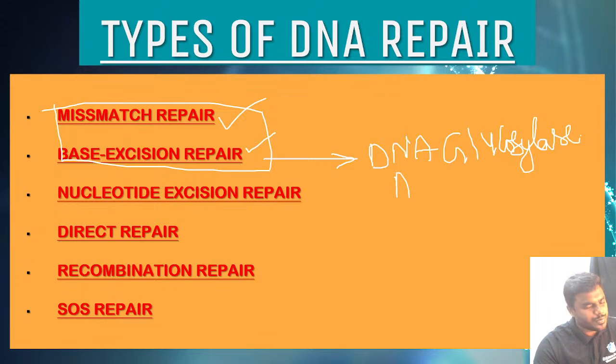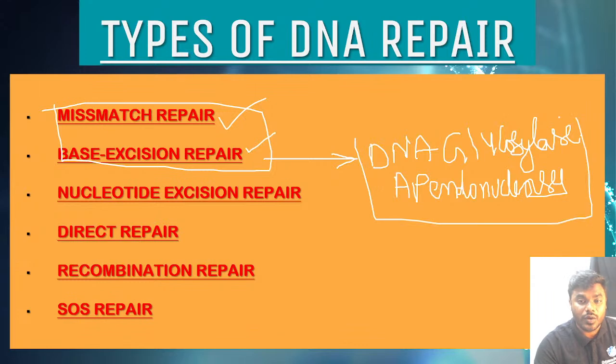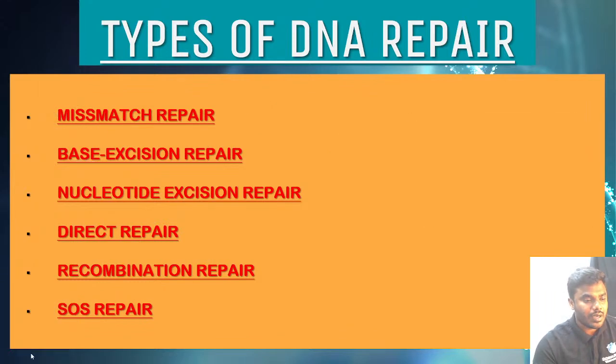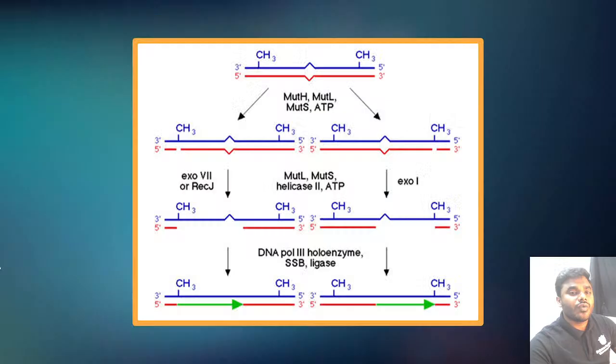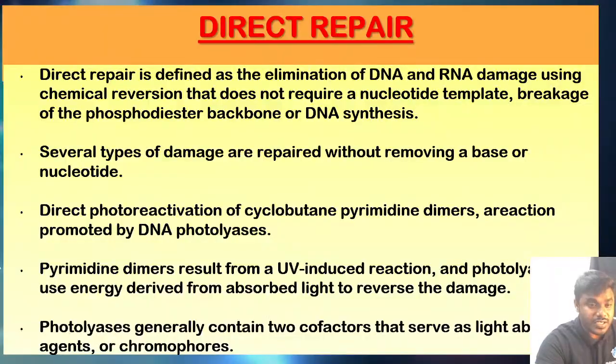Remembering enzyme names is very important, friends. Later we also remembered another enzyme named AP endonuclease. These are the two enzymes that we remembered, right? Now we understand mismatch repair and base excision repair.